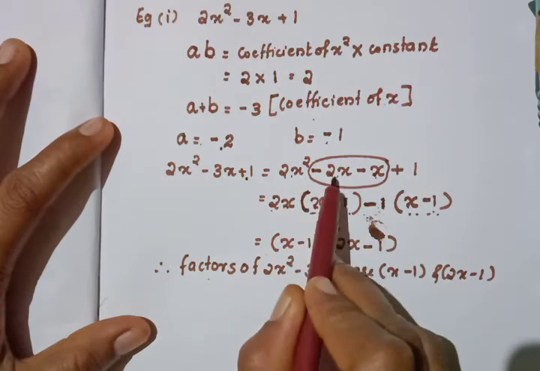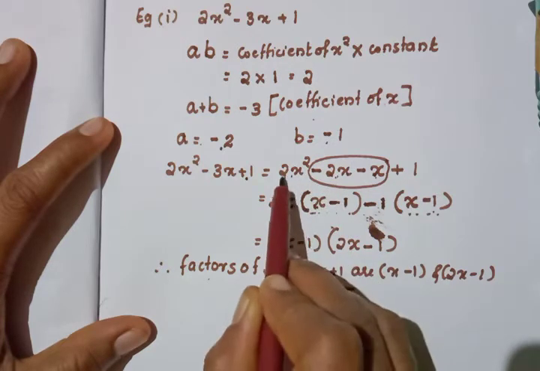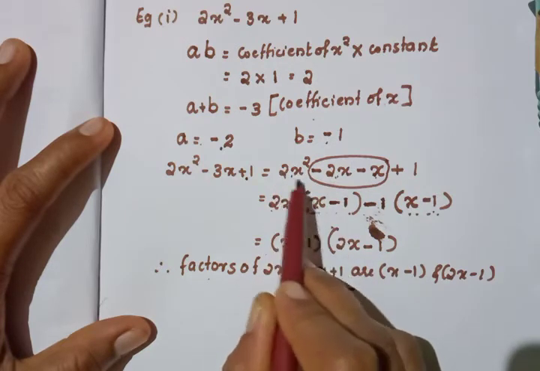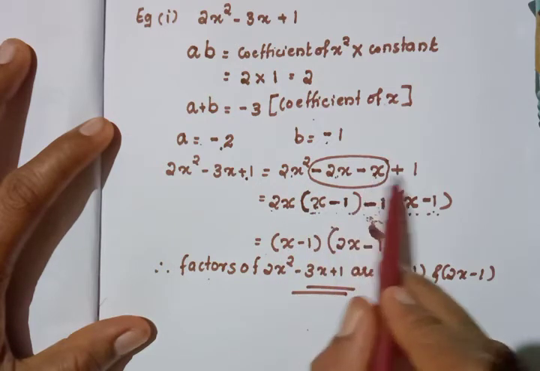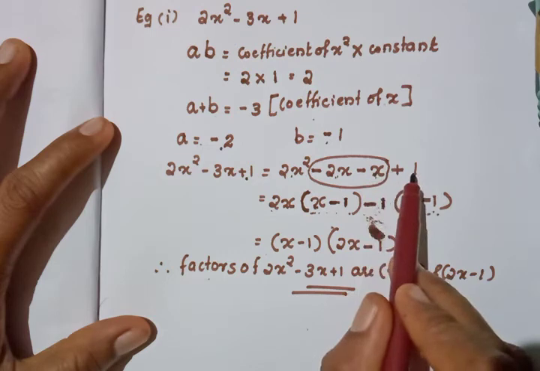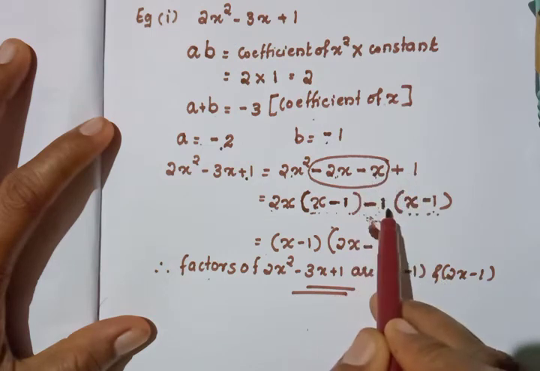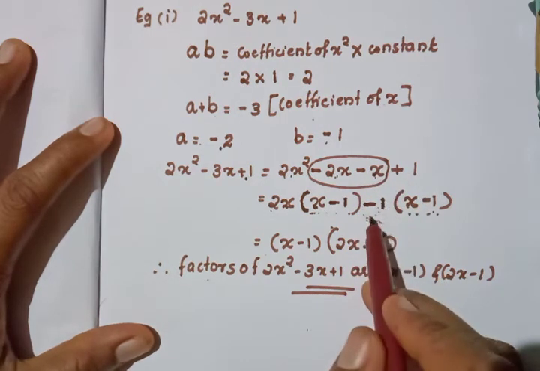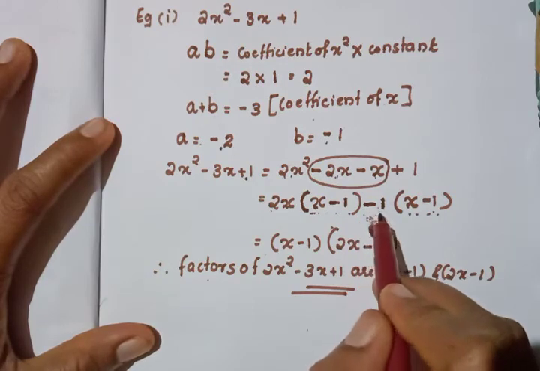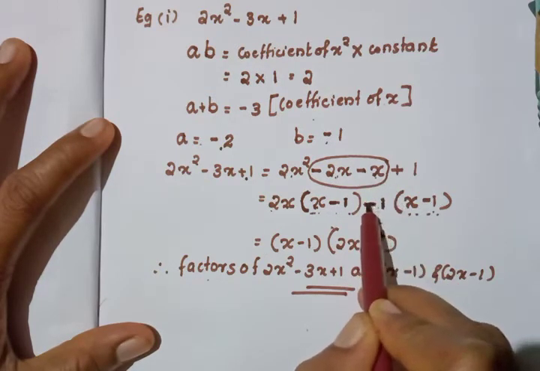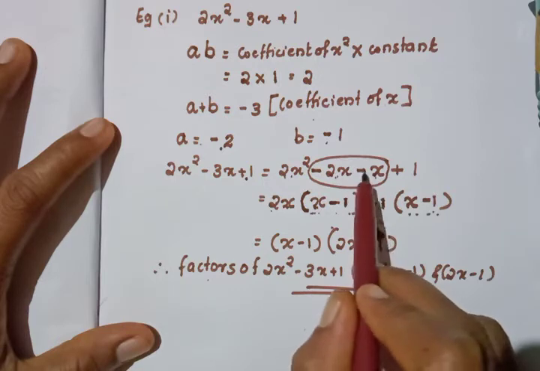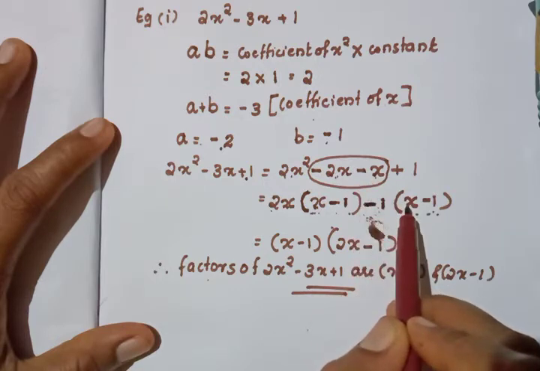Now from the first and second term 2x is common, so taking 2x outside you are getting x minus 1, and from the third and last term we took the negative 1 outside. I explained, you can understand that. Whenever you are taking a negative symbol outside, take the opposite signs inside the bracket.